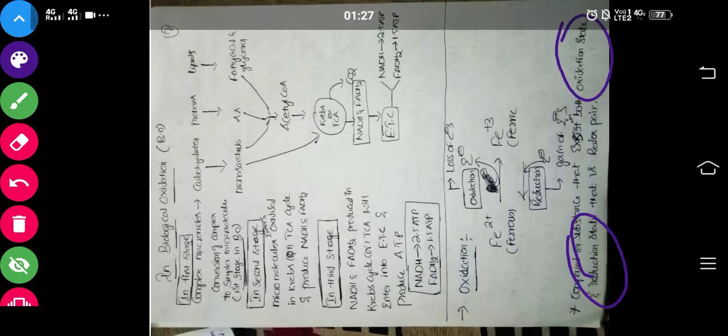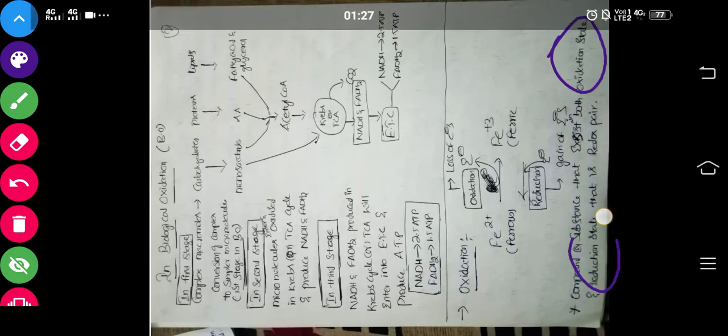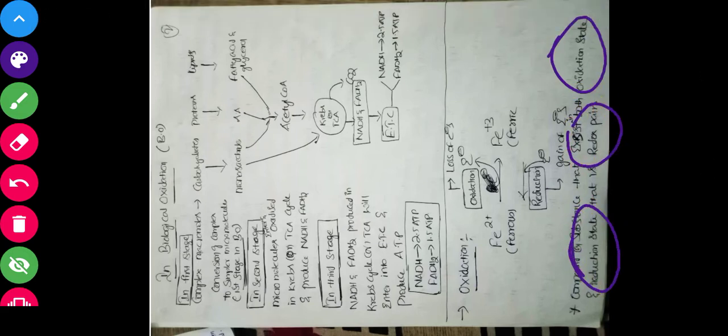I'm repeating again: a compound or a substance that exists both in oxidized state and reduced state is actually called a redox pair, right?